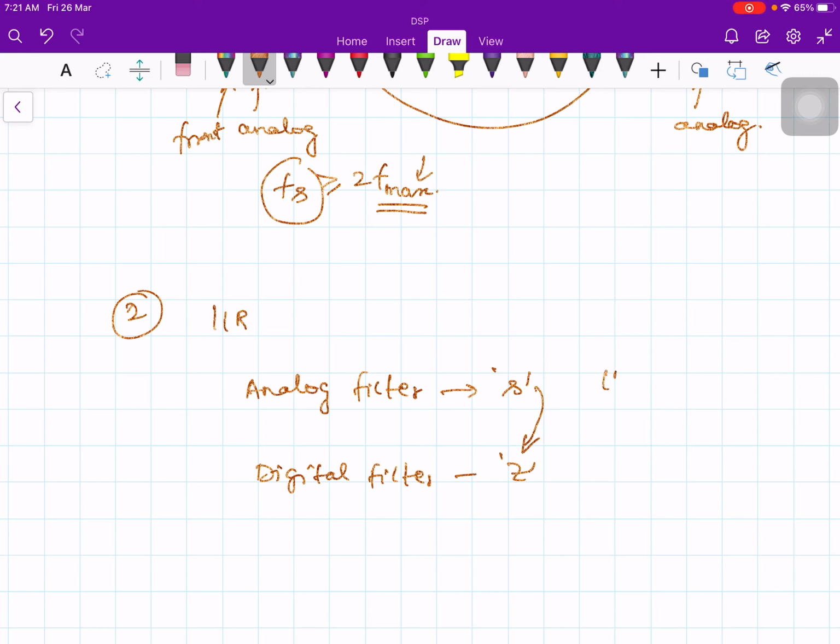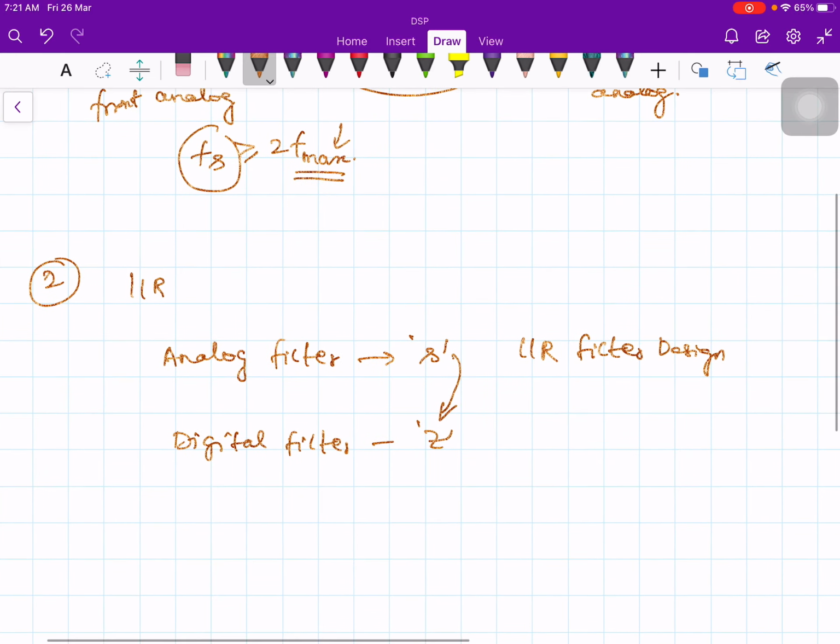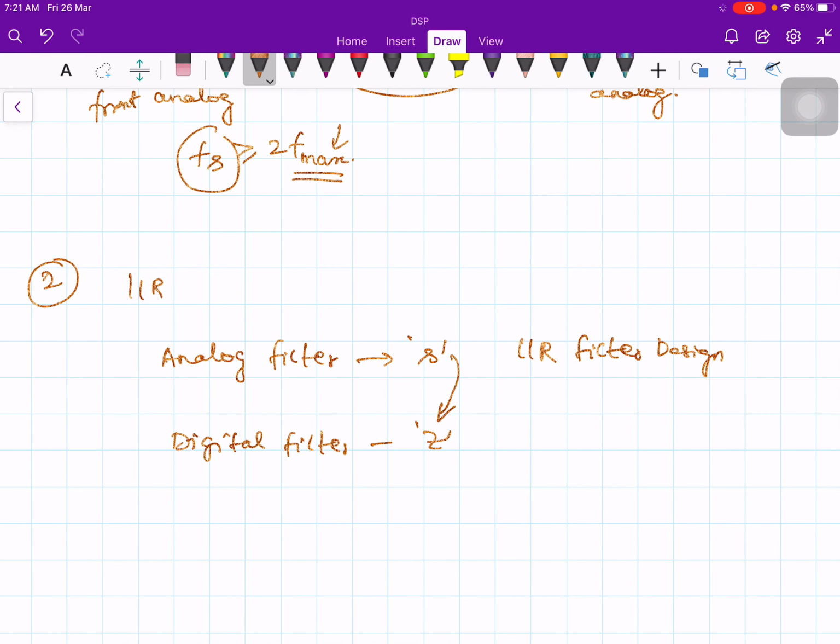So the IIR filter, one of the most important and useful filters in practice, is designed in the Z domain, and we have to go to the Z domain from the S domain.